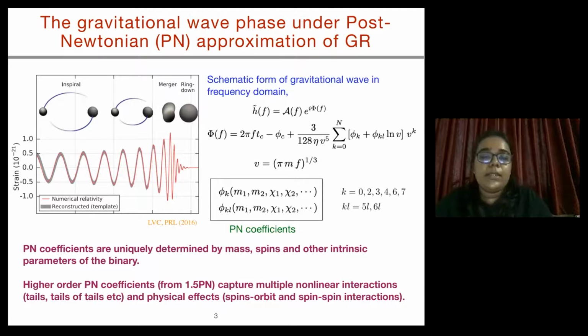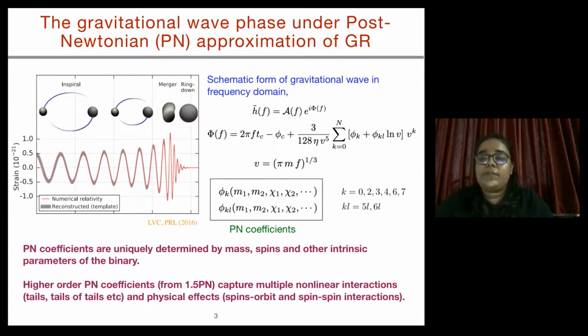You have seen this diagram a lot of times, which shows the evolution of a compact binary through time, and this is a typical signal that you get from it. Like I said earlier, we are going to focus on the inspiral, where the compact binaries are slowly orbiting each other. At that phase, you can perturbatively expand both the amplitude and phase of the gravitational waveform in terms of v/c, which is shown in equation 2.